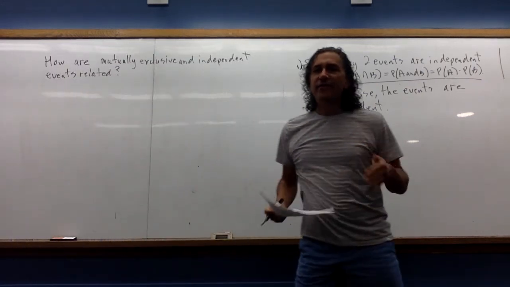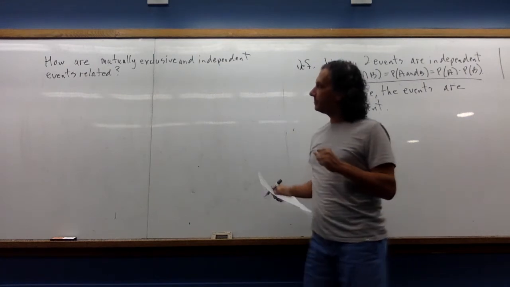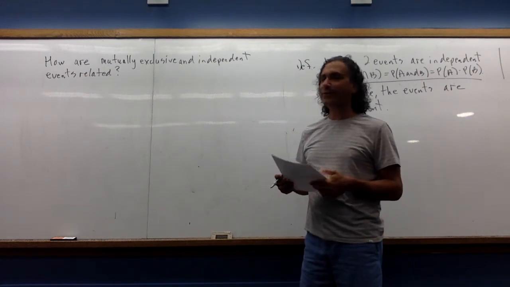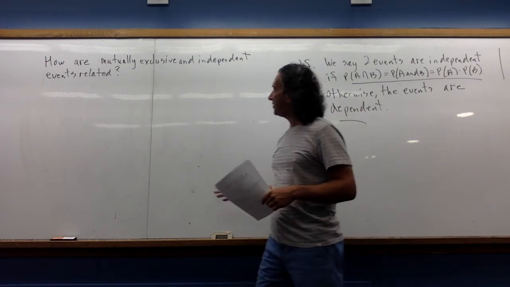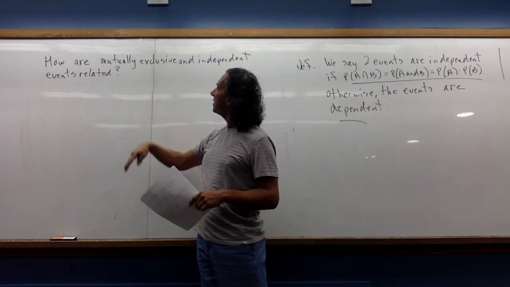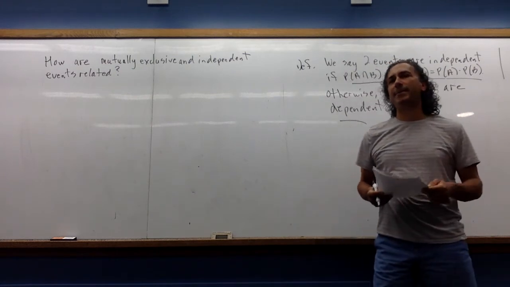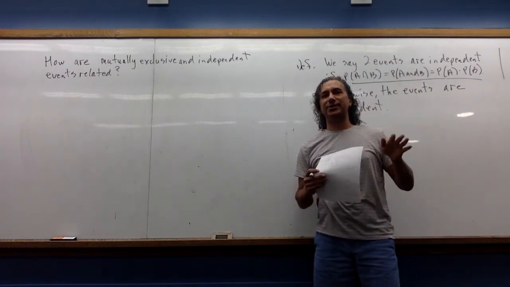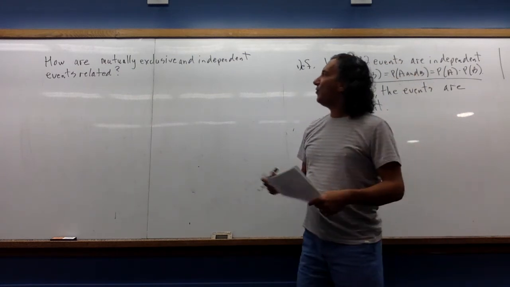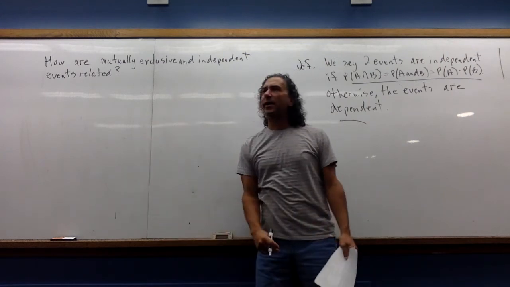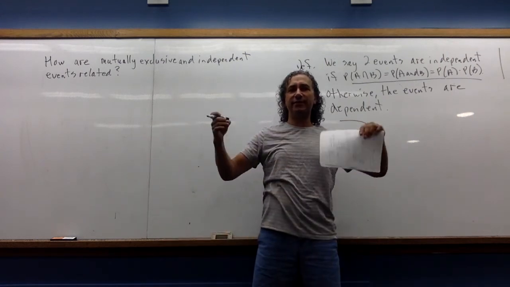Disclaimer, this is what I thought when I first was introduced to this topic 50,000 years ago. If we think about independence in the English sense, which again we shouldn't be doing, then you would think to yourself, well, if an event is independent, it doesn't affect the other one.